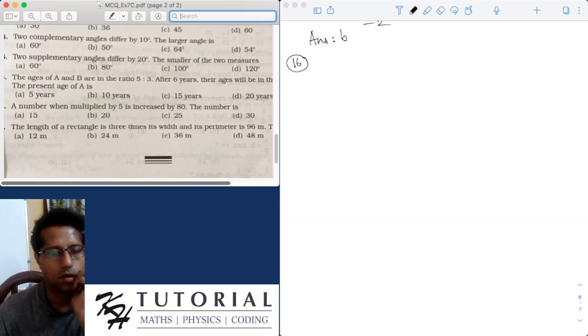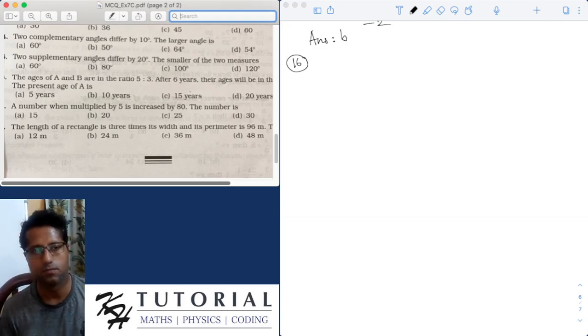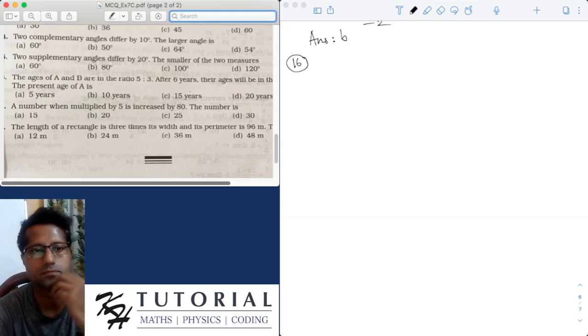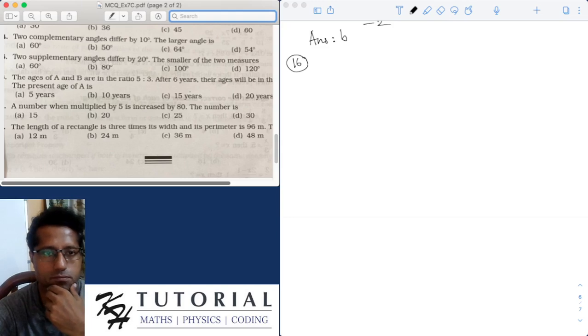So now, since we can assume the age of either A or B as the unknown variable x, from the fact that the ages of A and B are in the ratio 5:3, we will get the age of the other one in terms of x.